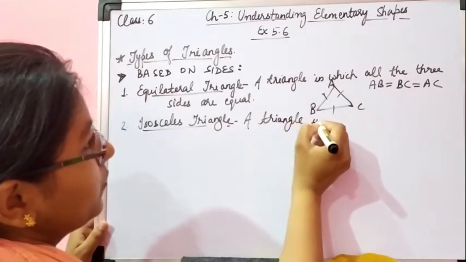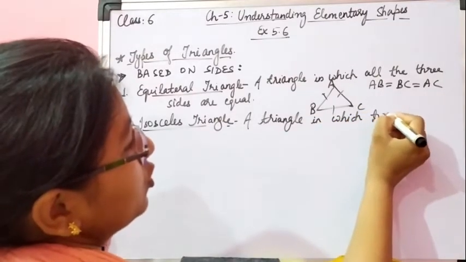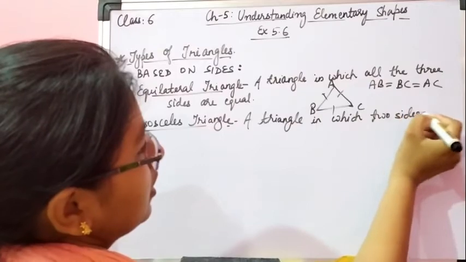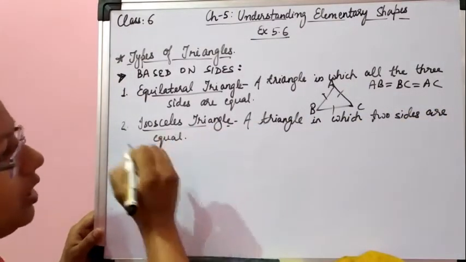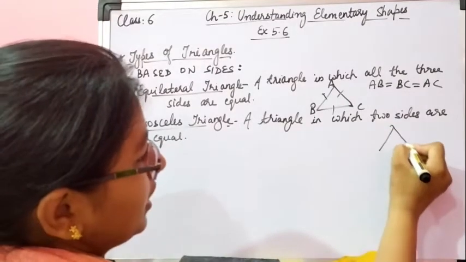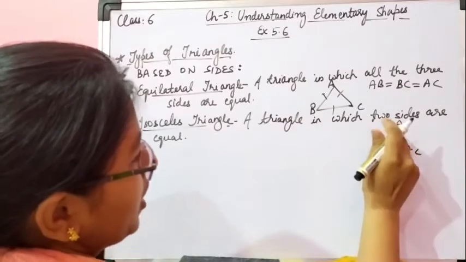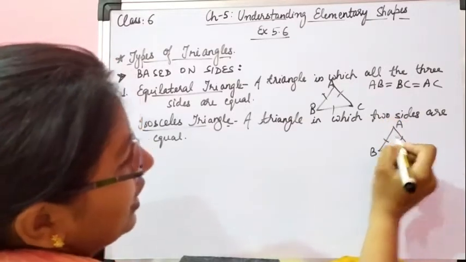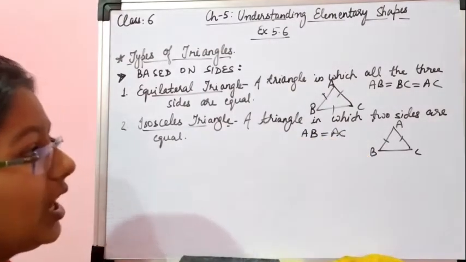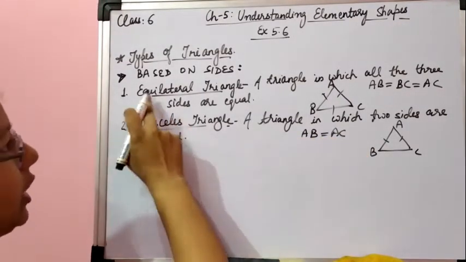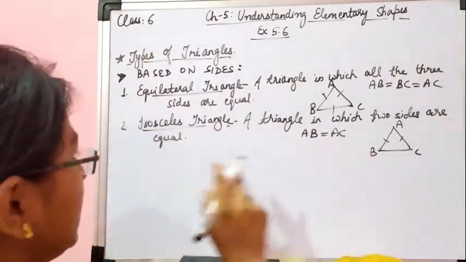A triangle in which two sides are equal. How will we draw its diagram? Again let's name it ABC. In this triangle AB is equal to AC. So this is said to be an isosceles triangle. Equilateral, all three equal. Isosceles, two sides equal.